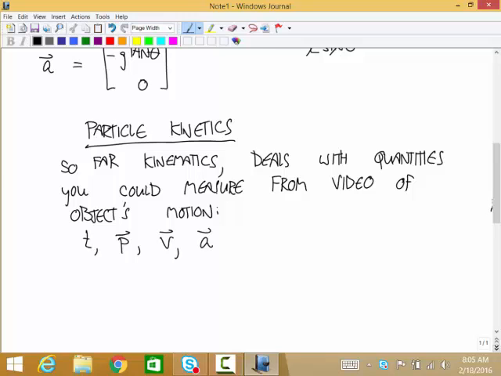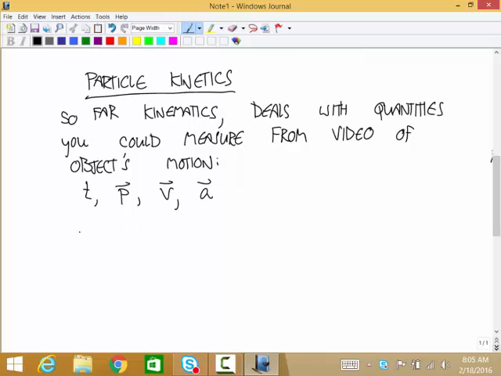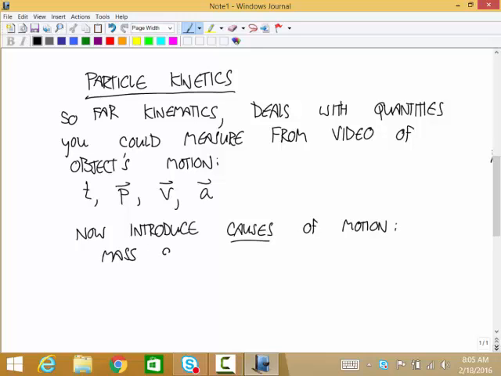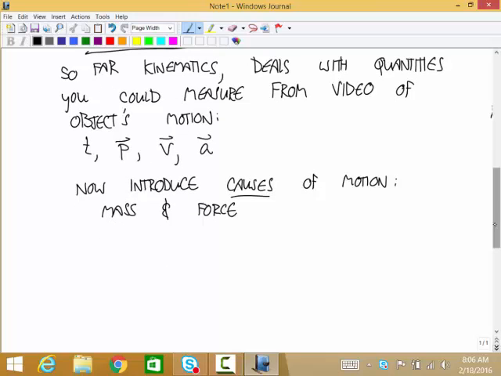We're still going to keep using these, but now we're going to introduce what I'll talk about as the causes of this motion. And those are mass and force. Mass is easy to introduce.